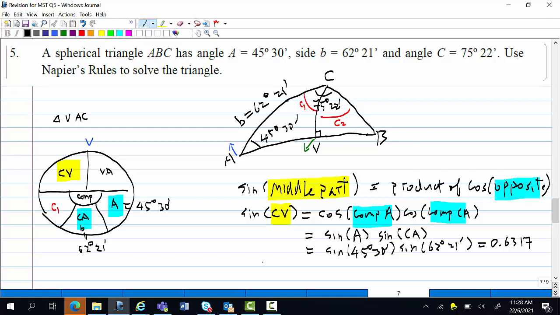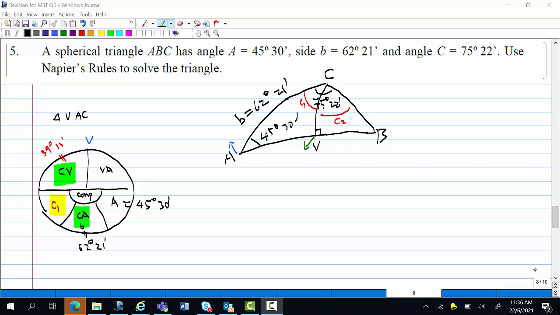And so CV is sine inverse of this answer, and is 39 degrees 11 minutes, and that is the CV.